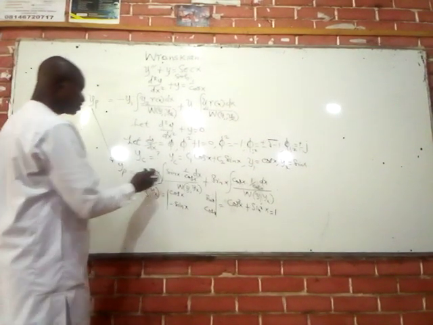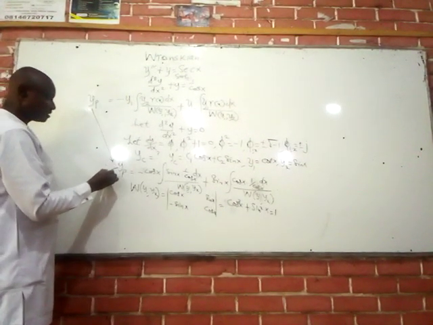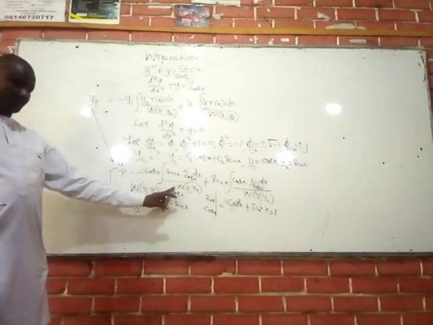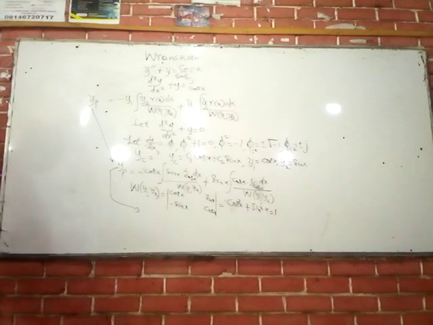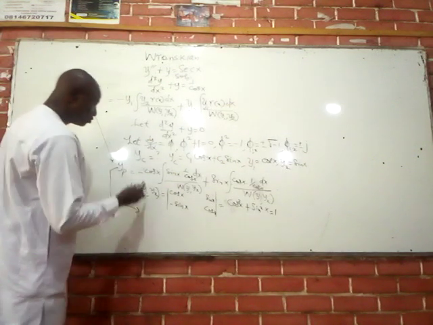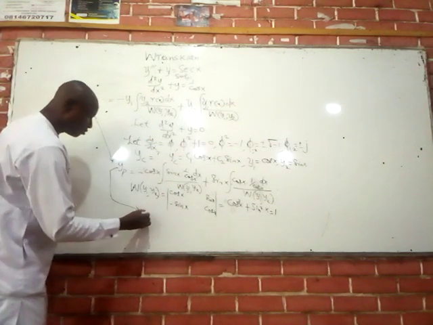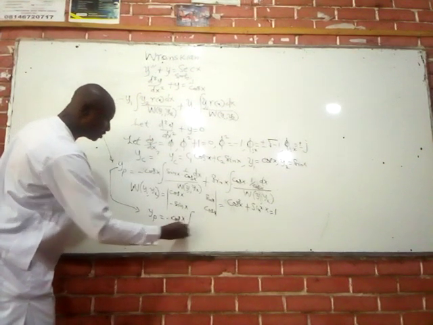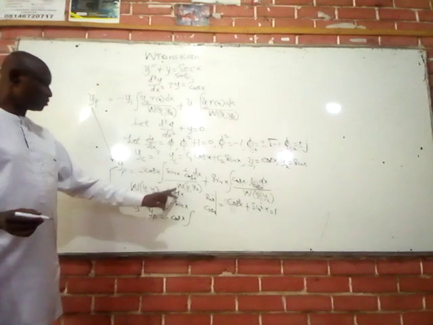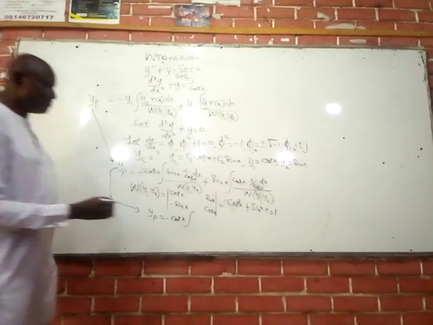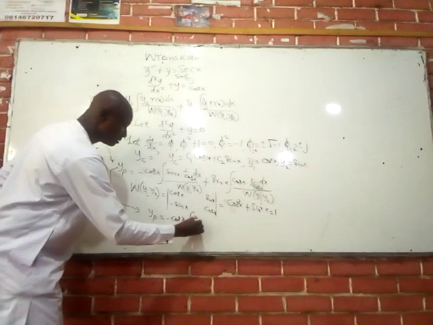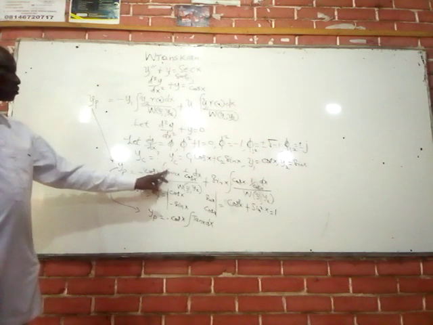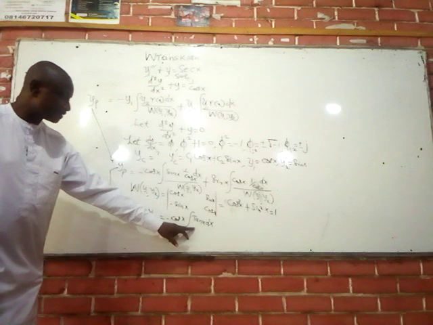So this relationship above can further be simplified by inducing the WRONSKIAN value. When the WRONSKIAN value is induced in this equation, we now have y particular is equal to minus cos x integral of, this is 1 of course, so you will now have tan x dx, because sine x over cos x is equal to tan x.